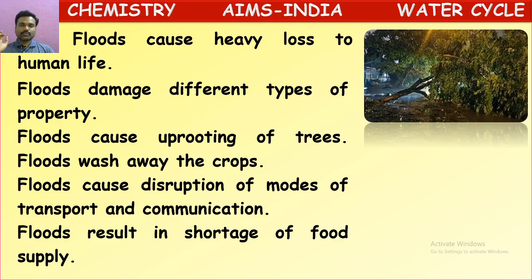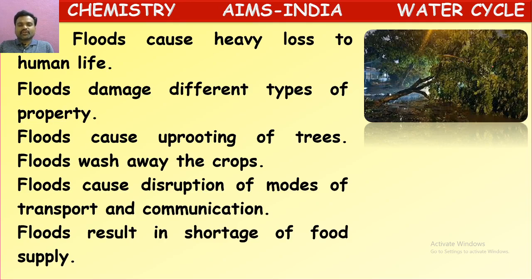If these trees fall on the electrical wire poles, then the electrical current will be stopped and these cable wires will be cut off, so that you won't get communication like telephones and televisions. In this way, these floods cause much damage to general life.